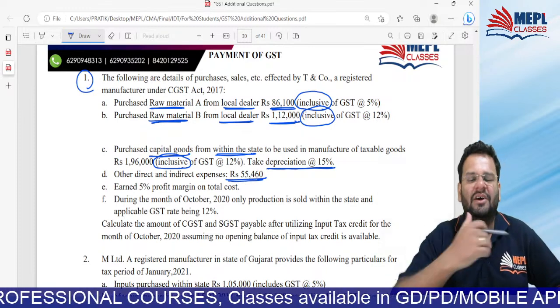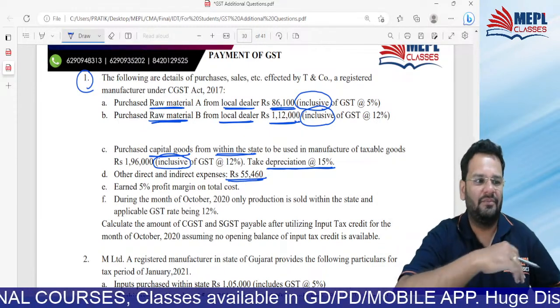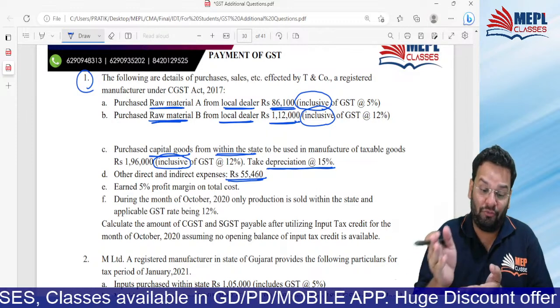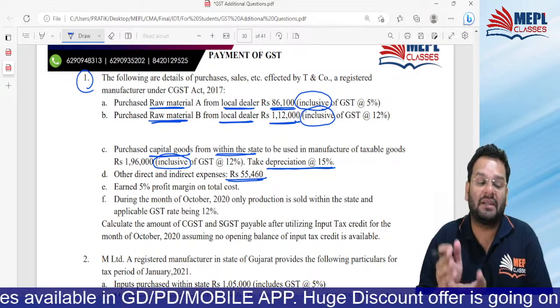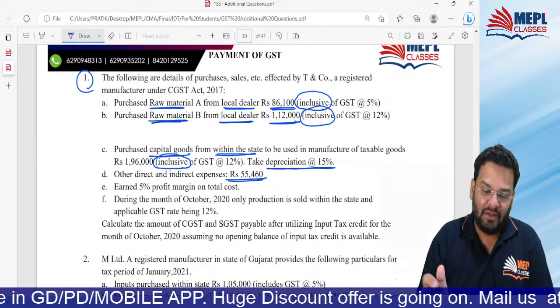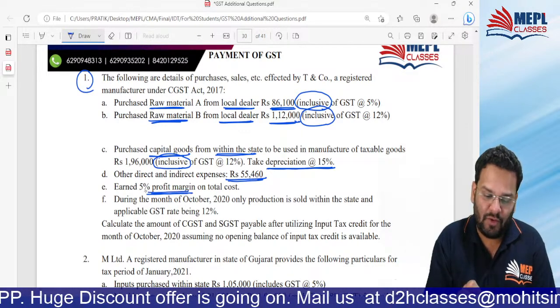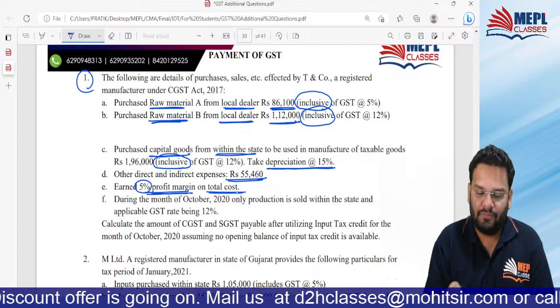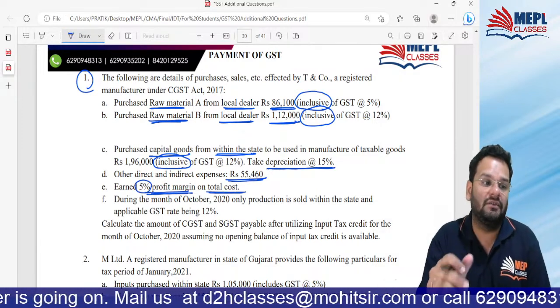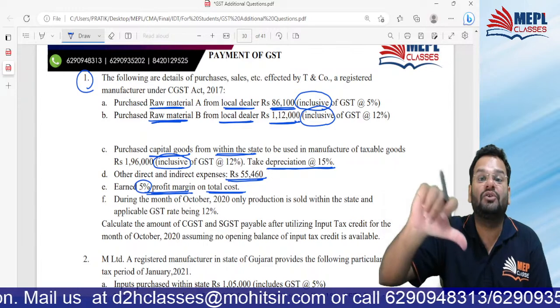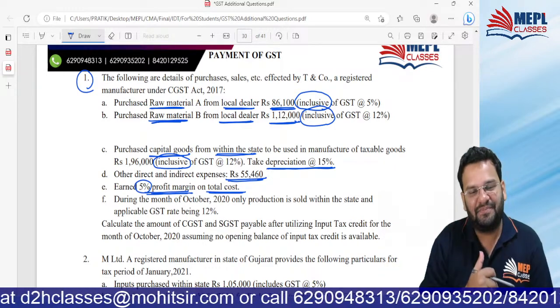You will say, sir, why is all this information given of purchases, of other direct and indirect expenses, and also profit margin, which is 5% of cost? All this information is given because they are not giving you the selling price.